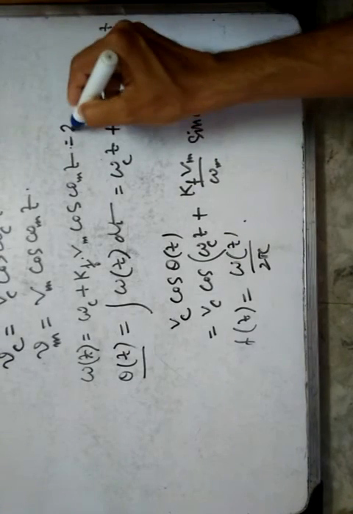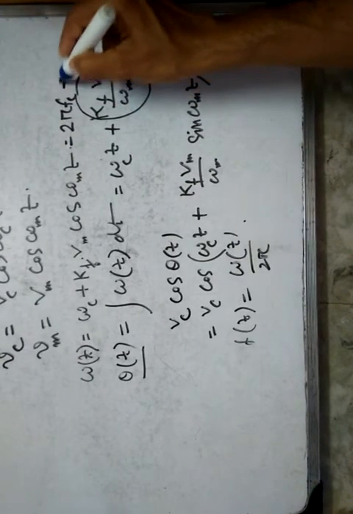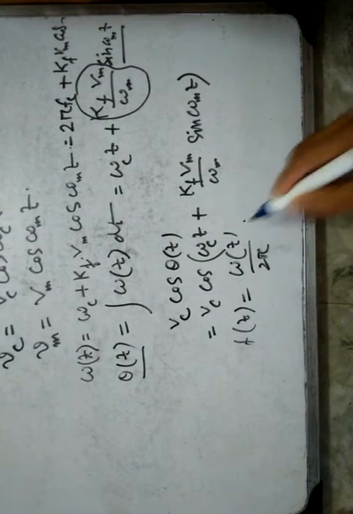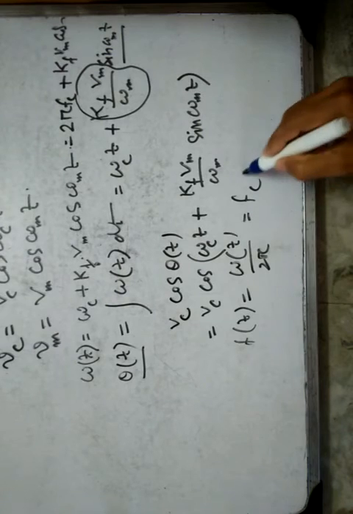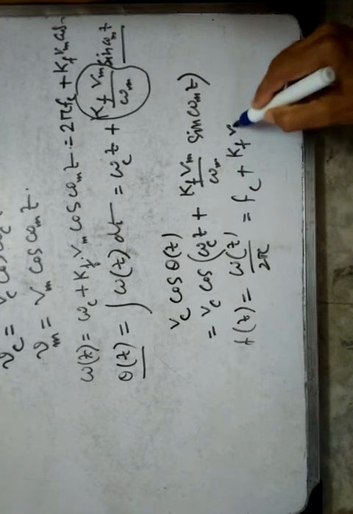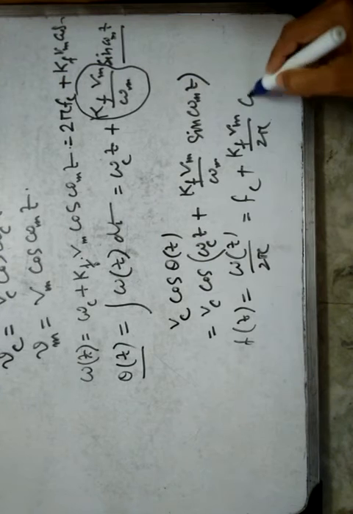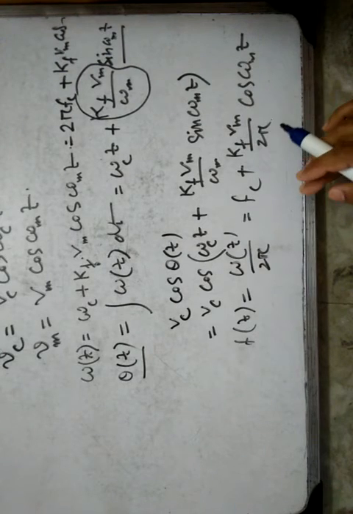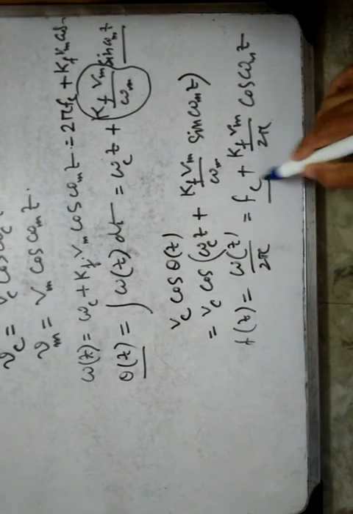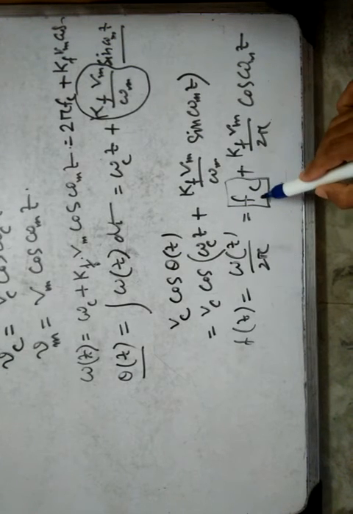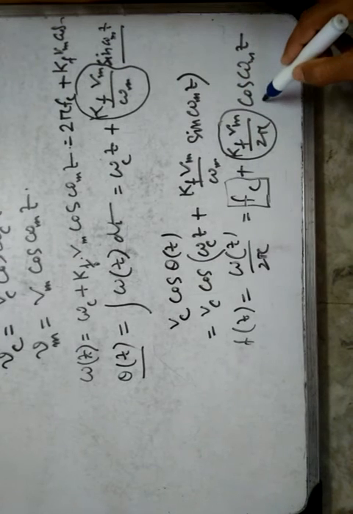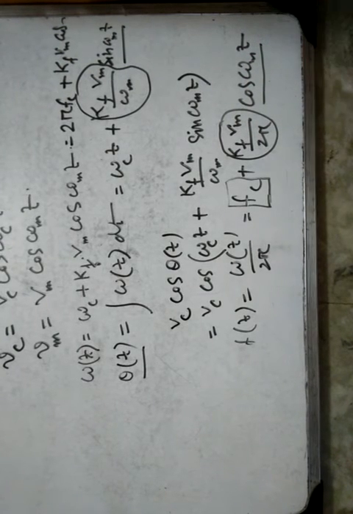If we write this as 2 pi fc plus k Vm cos omega m t, then it will be fc plus k Vm by 2 pi cos omega m t. Then the maximum departure of the frequency from the unmodulated carrier frequency fc is given by k Vm by 2 pi, as the maximum value of cos omega m t is equal to 1.